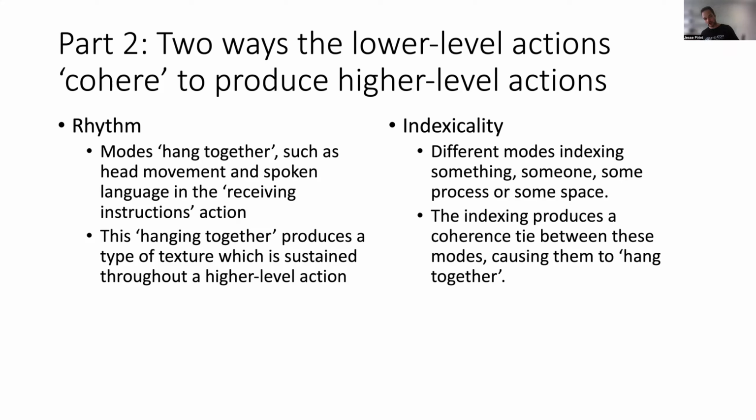Now, in this case, I'm only going to focus in more detail on rhythm due to time limitations. So I'll get into that now. We'll look at a couple of ways that these lower level actions hang together in terms of timing. And then I'll move on to talking about some implications at this very micro level of analysis of interaction for belonging and inclusion.